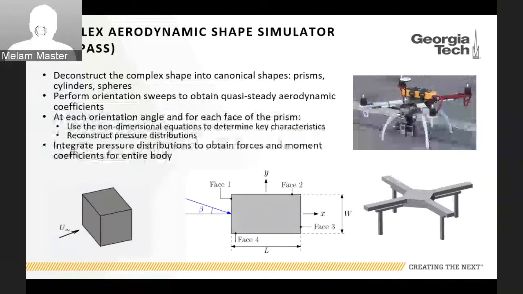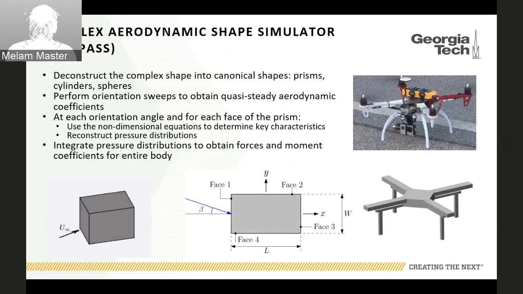Compass is the Complex Aerodynamic Shape Simulator. The process we follow is we take the vehicle geometry and deconstruct the complex shape into canonical shapes, for example, prisms, cylinders, spheres, spheroids, and flat plates, among other shapes. Then we perform orientation sweeps.